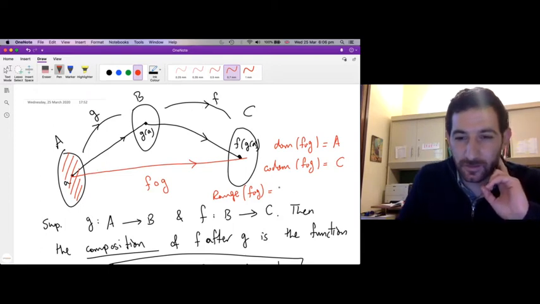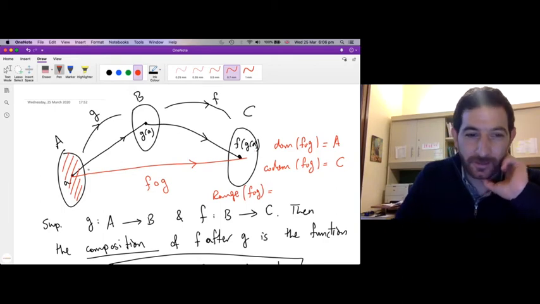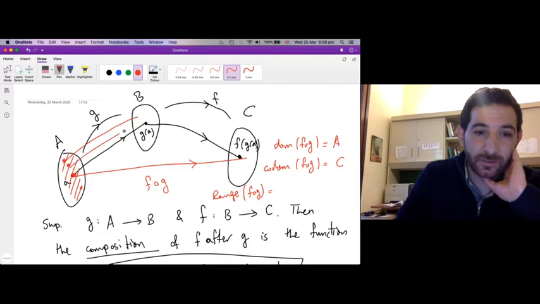So this means that the range is, first, start here with A, or any element in A, and then take all the images in B. If you take all the images, this is the range of g.